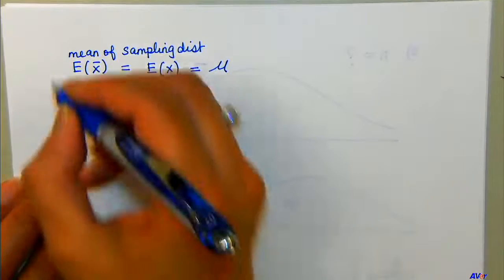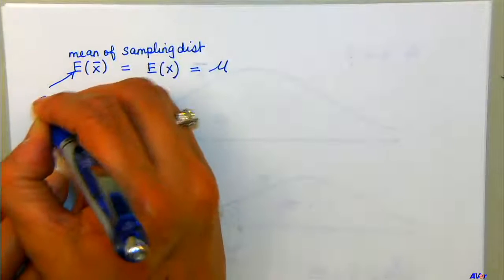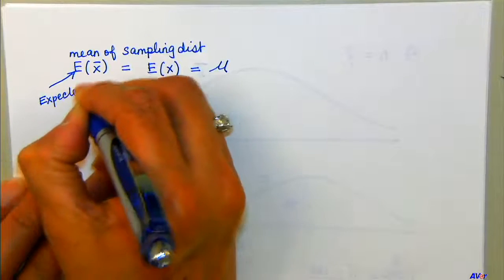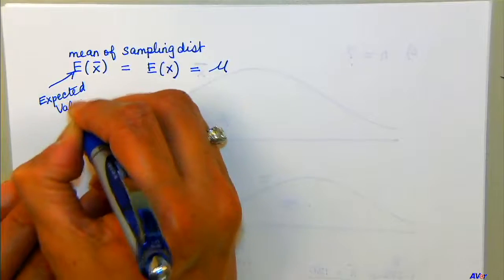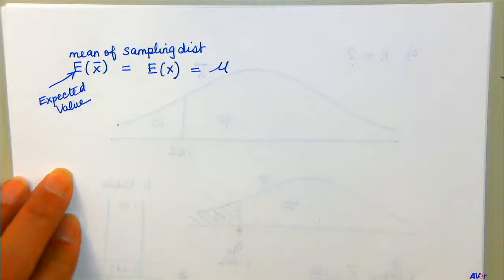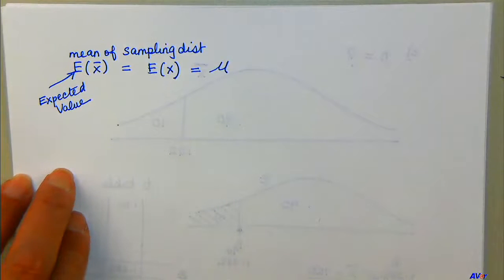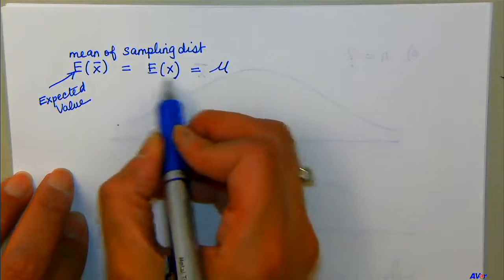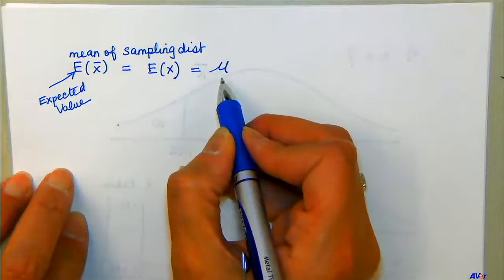So this E means expectation or expected value, right? It's saying that the mean of the distribution that I created, the histogram of x bars, is equal to the mean of x, which was mu.